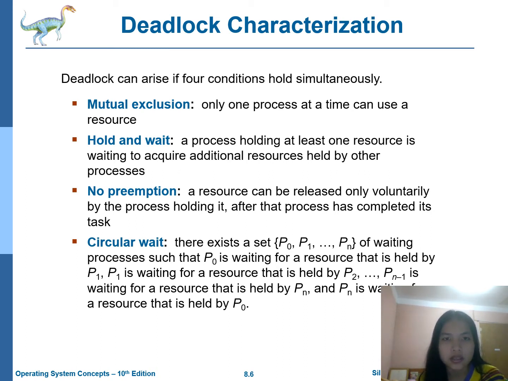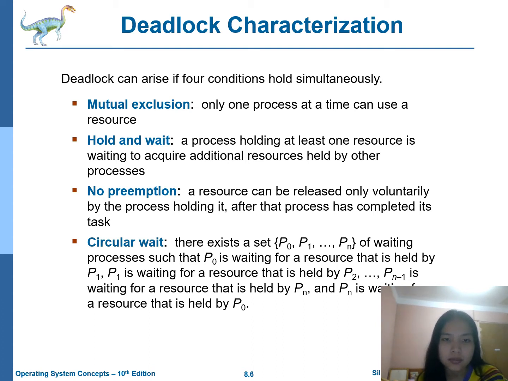Hold and wait: a process holding at least one resource is waiting to acquire additional resources held by other processes. No preemption: a resource can be released only voluntarily by the process holding it, after that process has completed its task.